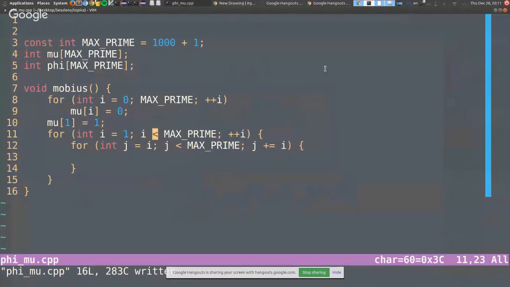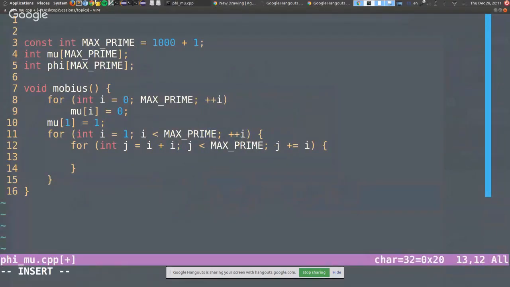Basically you can go here, so this has to be like that, and then basically this is how we should compute it.